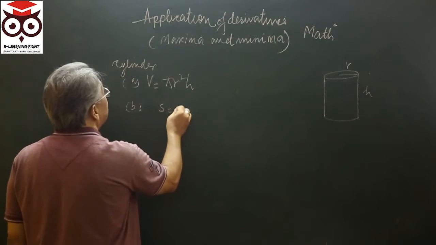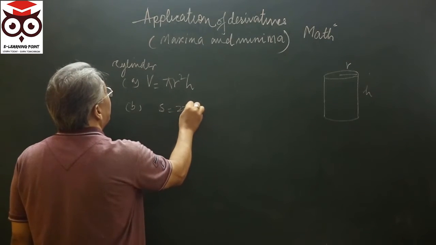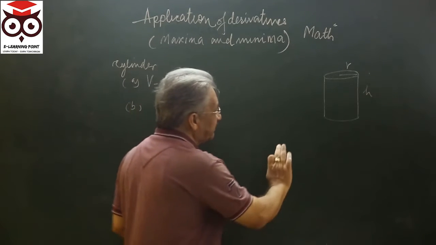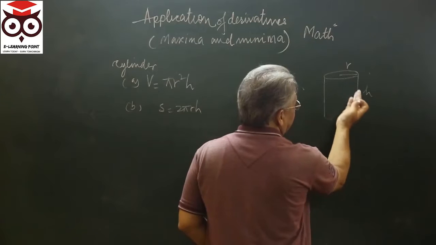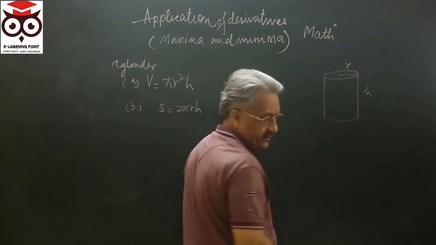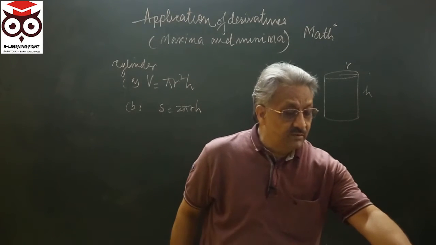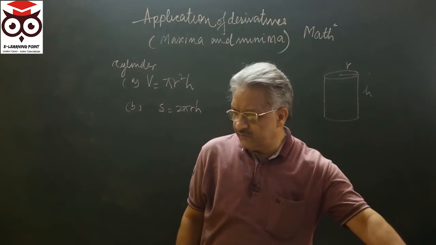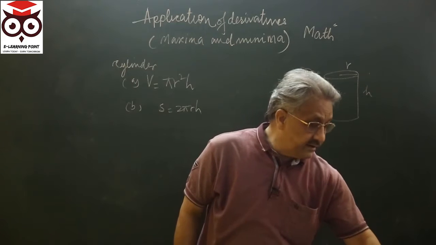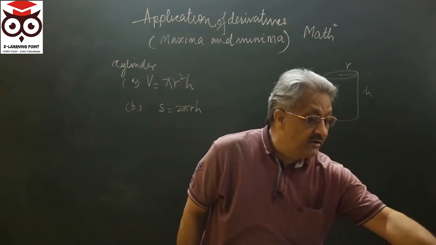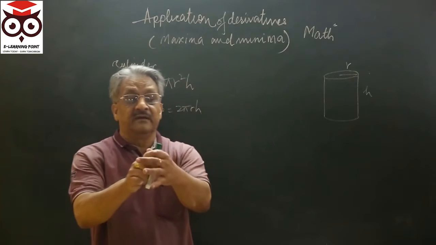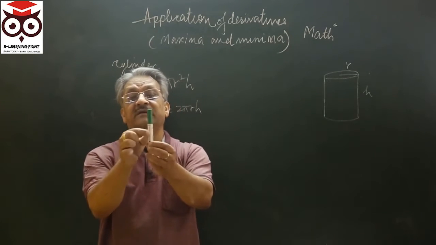Total surface area is 2 pi r h, means it is the area of this curved area. We can say, suppose your pen, it is a kind of cylinder.